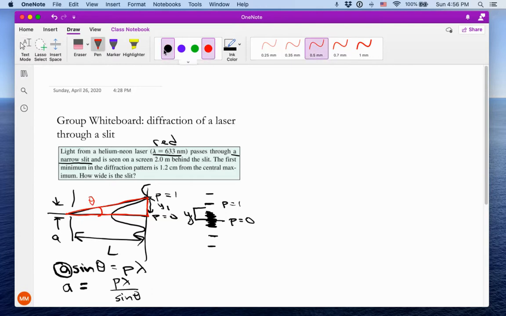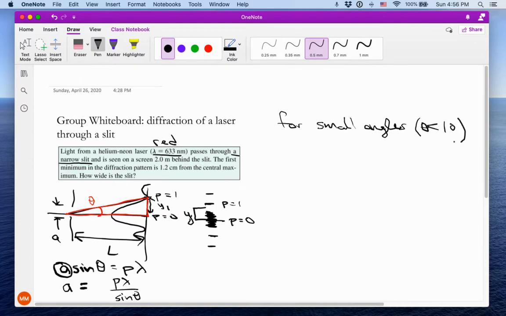And so for my equations, I'm going to use that for small angles, say theta less than 1 degree, sine theta is about the same as tan theta, which is about the same as theta. And I'm going to use the fact that sine theta is equal to tan theta.